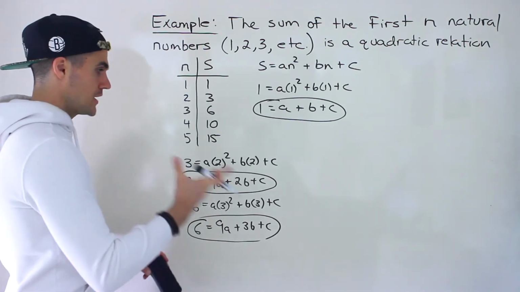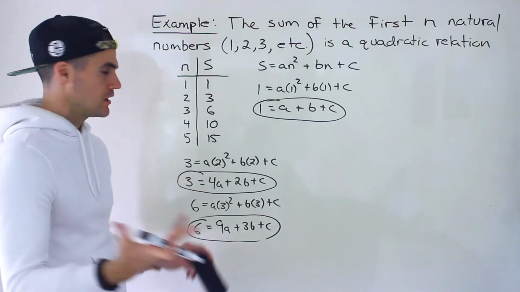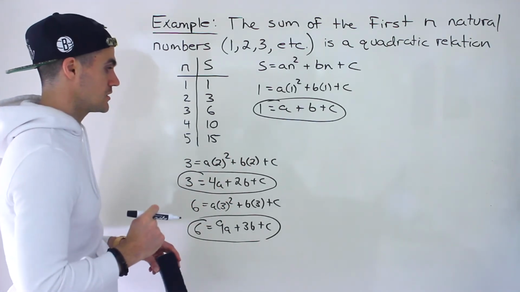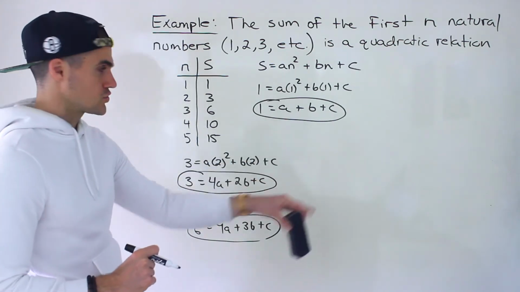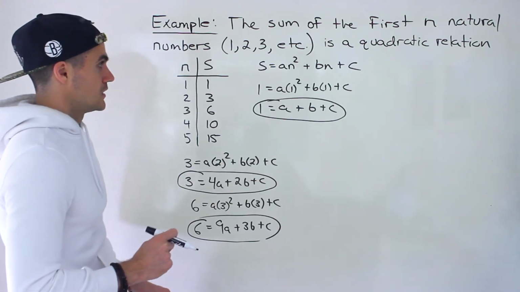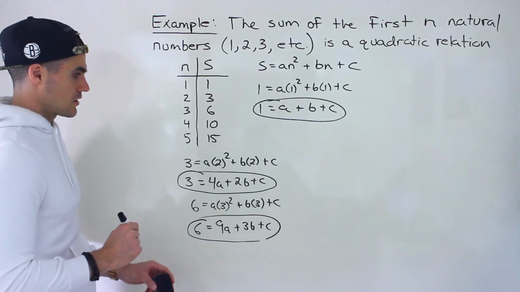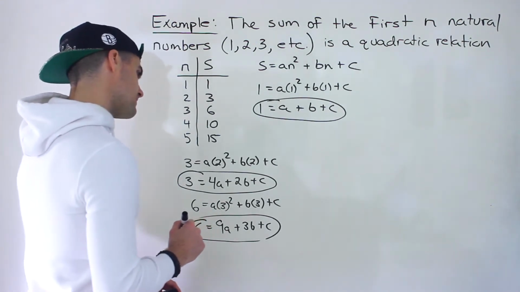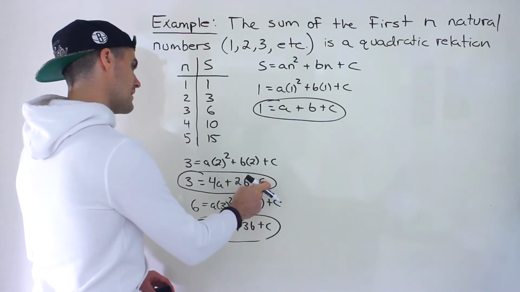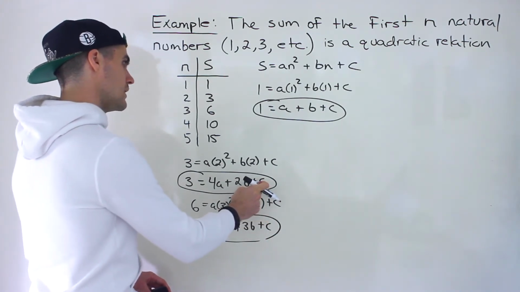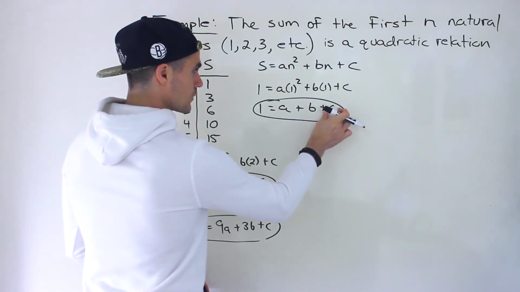So there's multiple ways to do this. Whichever way you go about it, you could do substitution, you could do elimination. Again, whichever way you go about it, just make sure you're going to get the same solution that I am in the end. So what I'm going to do to start is notice that these c values here are by themselves. So what I'll do is isolate for this c over here.